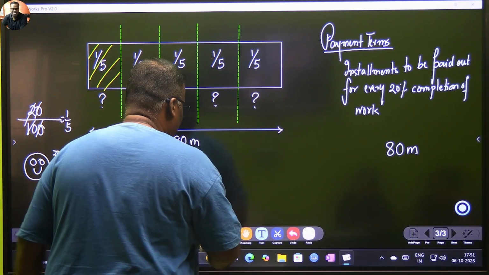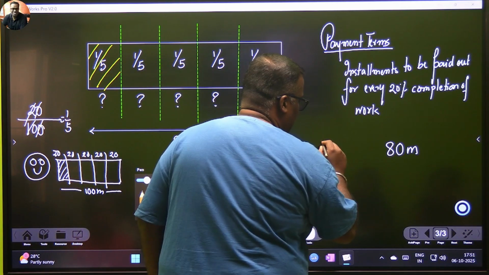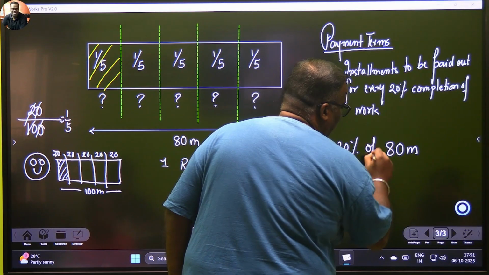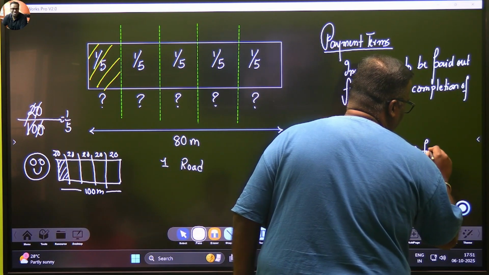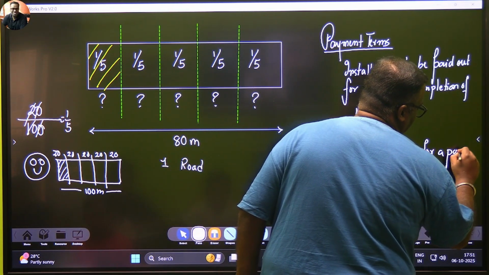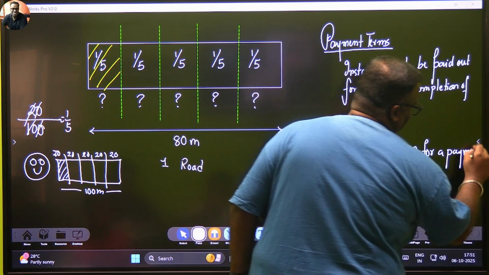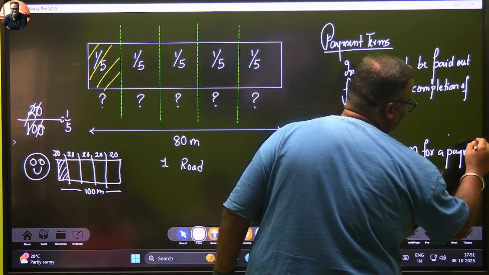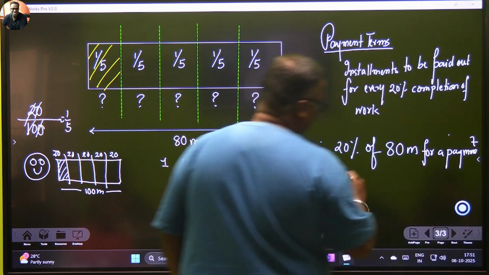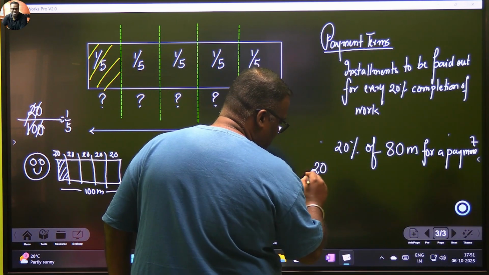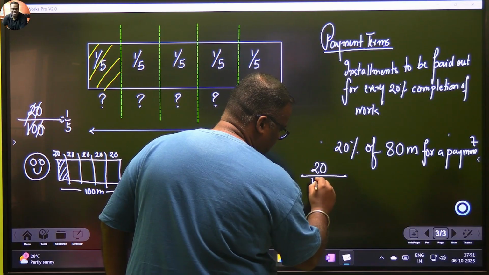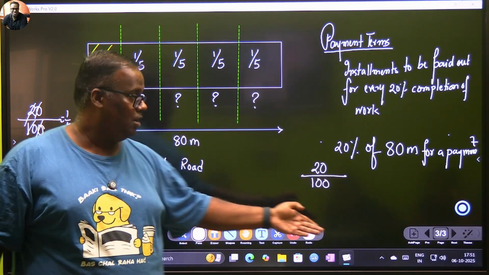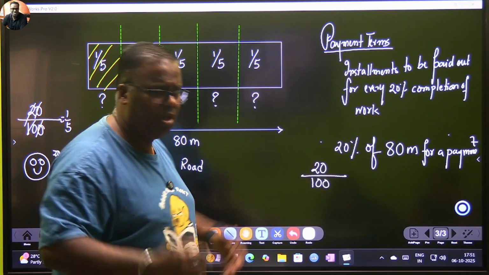So, his calculation that stands up is, he has to do 20% of 80 meters for a payment. Do you agree? And now just break this into your simple mother tongue or any language that you understand. 20%. Of means multiply.